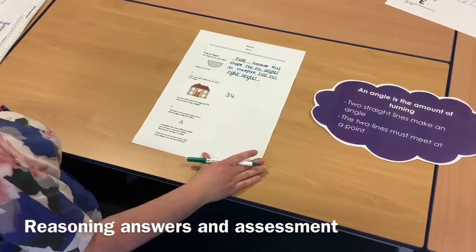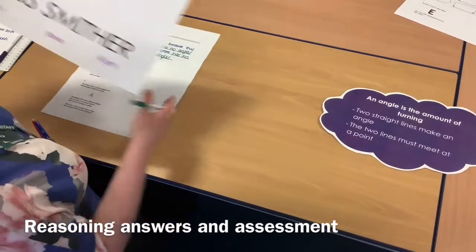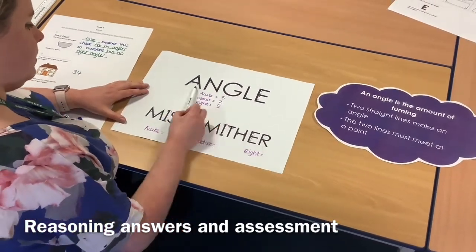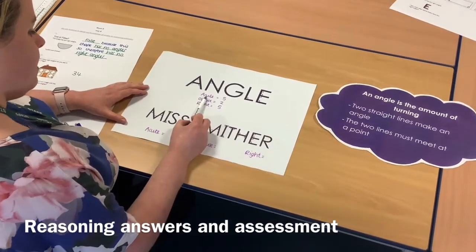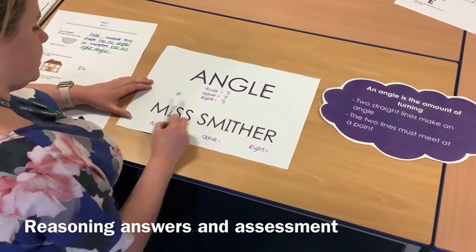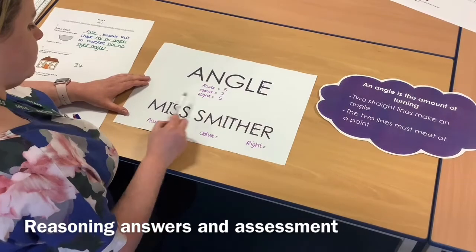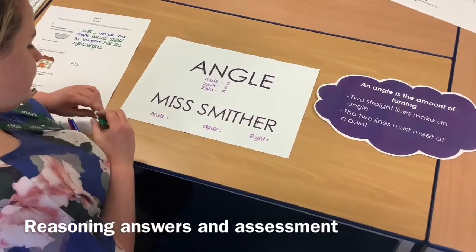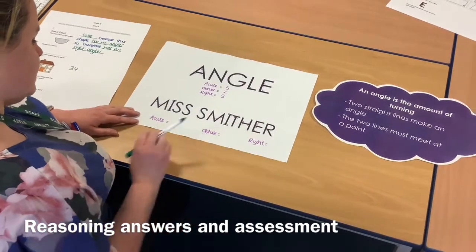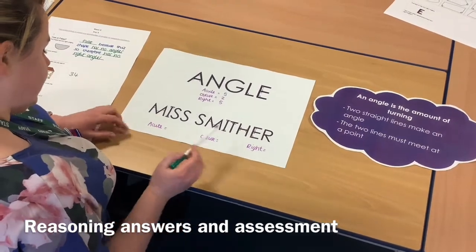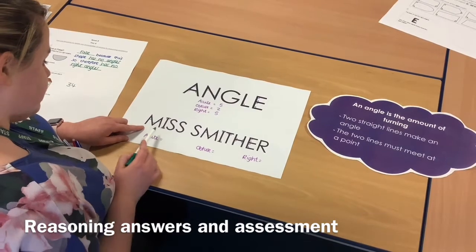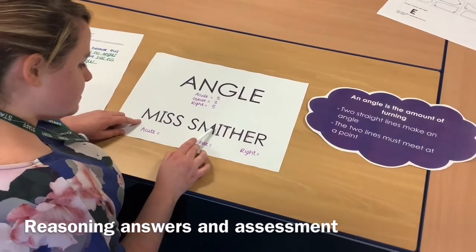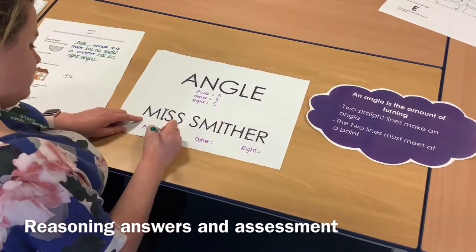So what I have prepared for today is angle and then my name. When I typed out angle, I identified 5 acute angles, 2 obtuse angles, and 5 right angles. I've then identified the angles on my name, Miss Smither. I'm just going to very quickly count up the acute angles first of all. So I've got 1, 2, 3, 4, 5, 6 acute angles.